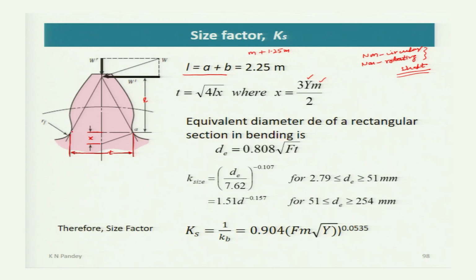That means at this section, the cross section is given by T, the thickness, and width. Width is large. Width is given by F, the width of the gear tooth in this direction.